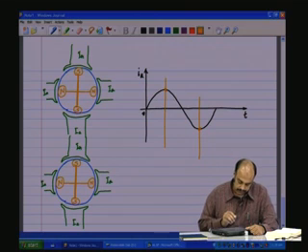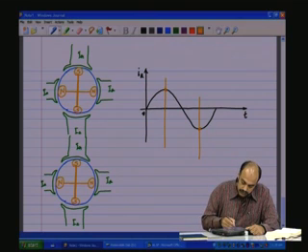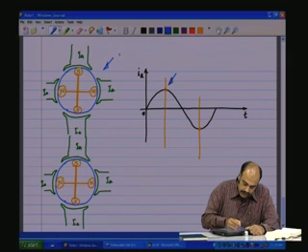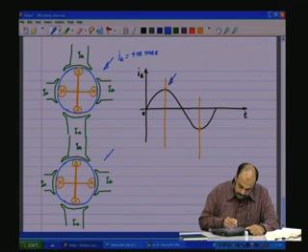Let us say at this position, IA is positive max. Now you have IA is negative max.